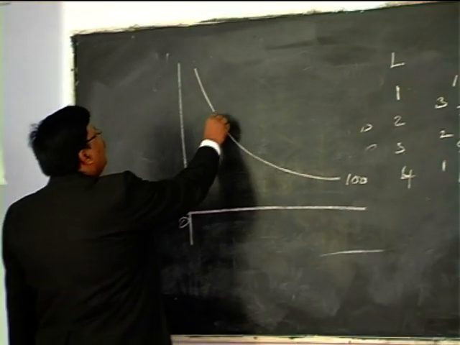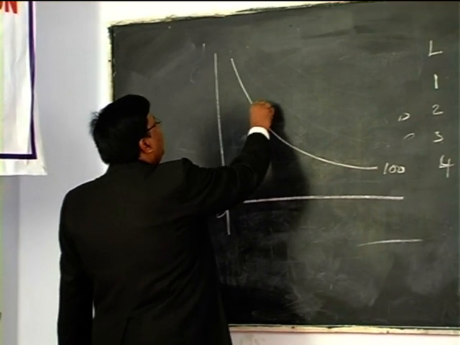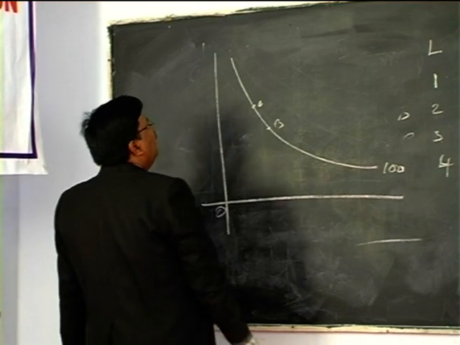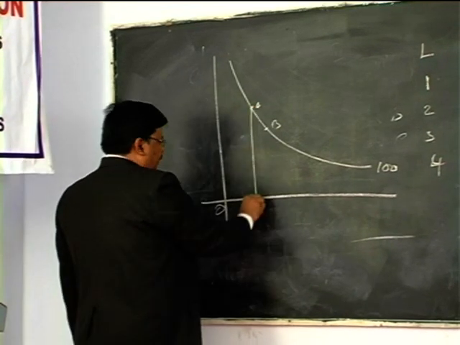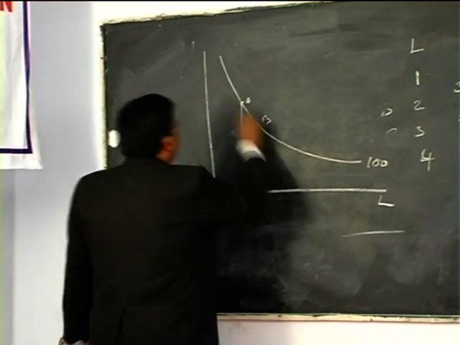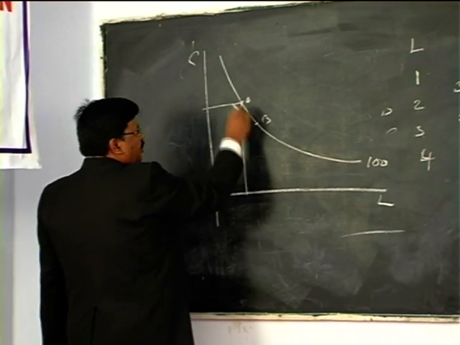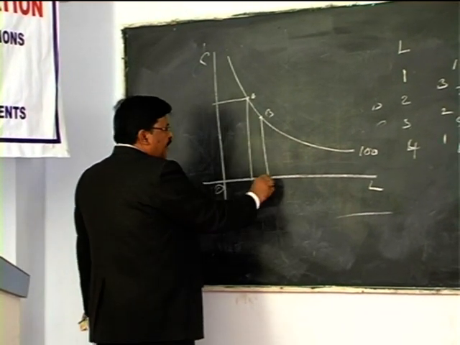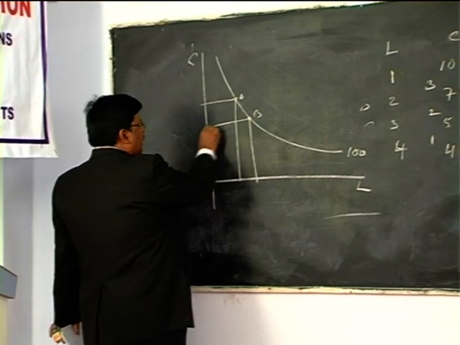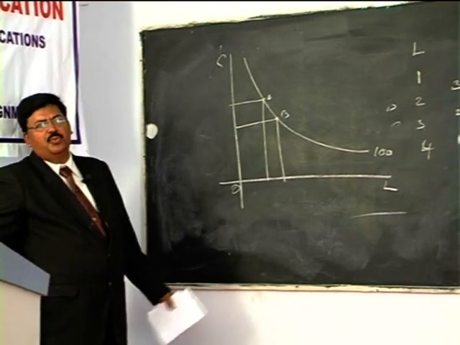Suppose you move from point A to B, what happens? At point A, there is a combination of labor and capital that can produce 100 units of output. And at point B also, another combination of labor and capital can produce the same output, 100 units.